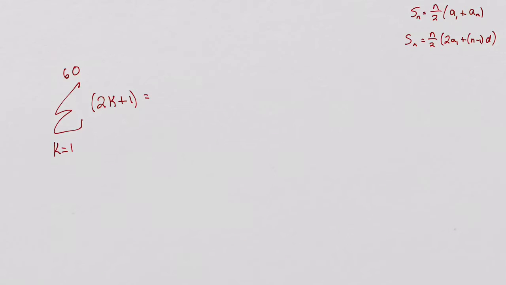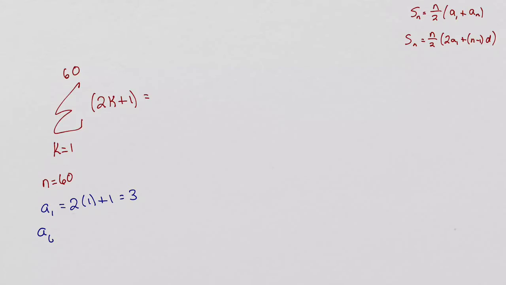Now, we can find d pretty easily, but I'm going to choose to use the first one, simply because I know the number for the first term and the last term. I know my n is going to be 60. I know my a sub 1 is going to be 2 times 1 plus 1, which will be 3.